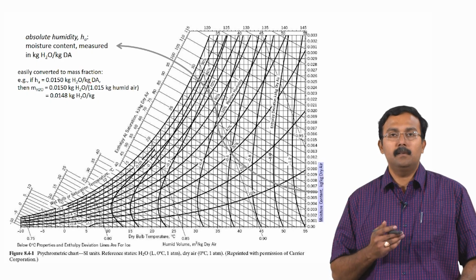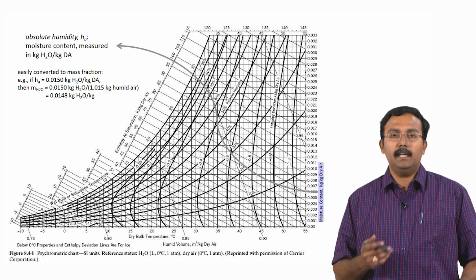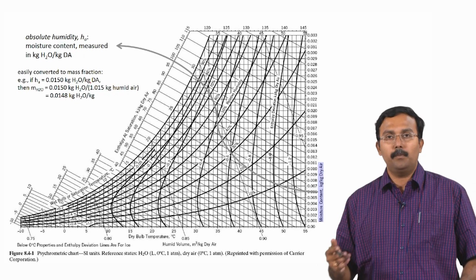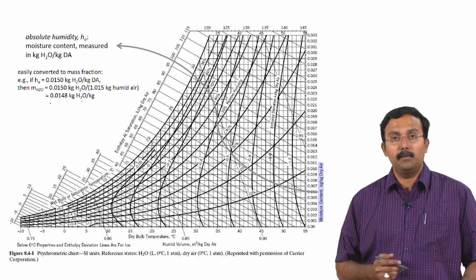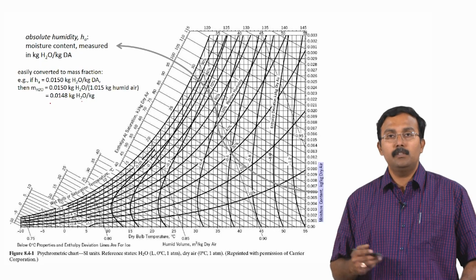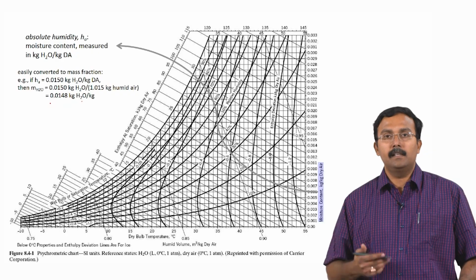Using this, the mass fraction of water in this mixture is 0.015 divided by 1.015, giving you 0.0148, which is the calculation that we have done here. This information is useful for calculating the mass fraction of water or air in the humid air.